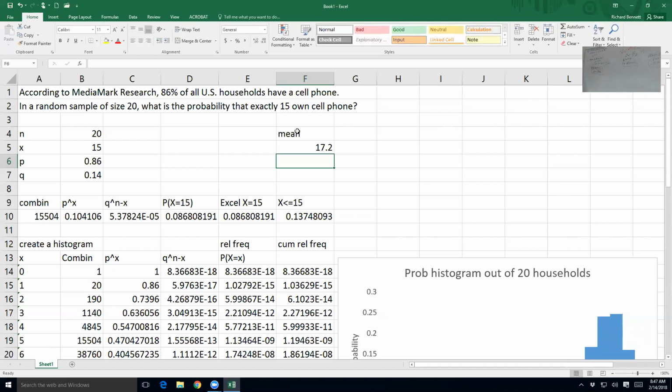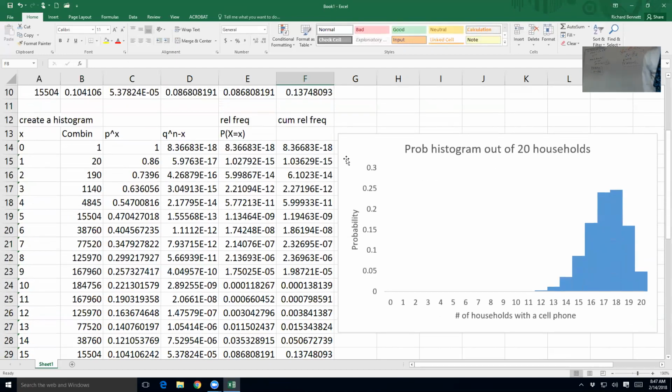That one's not quite as obvious, but I can do that. Standard deviation equals the square root of n, which in this case is 20 times 0.86 times 0.14. Okay, 1.55.